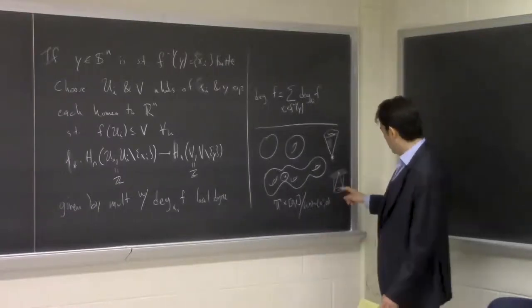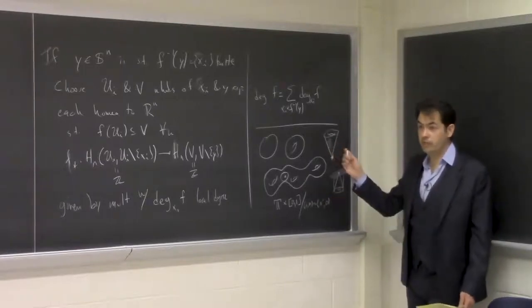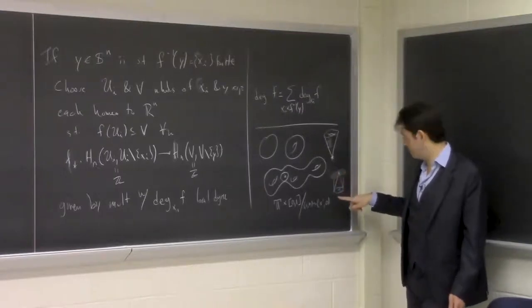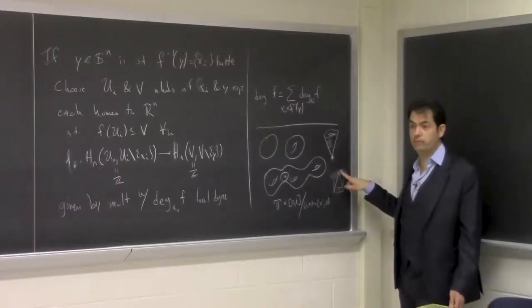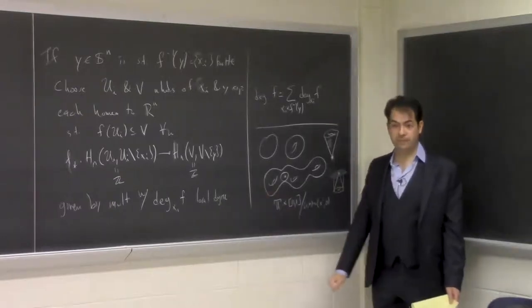Or, as the picture would indicate, if you have it sitting inside some Euclidean space, then pick any point not on it and add all of the line segments from any point here to that point. More questions on last time?